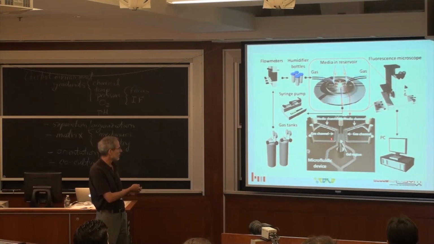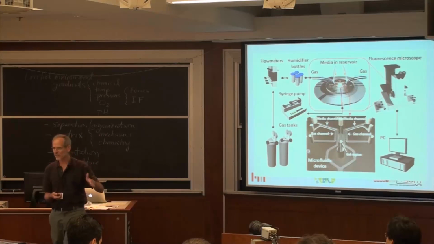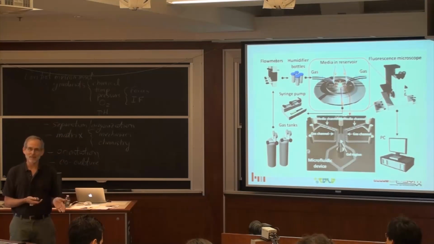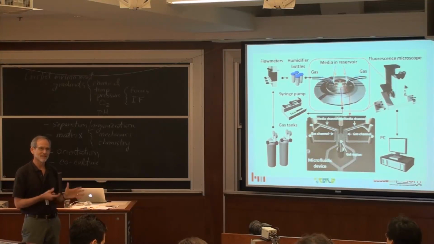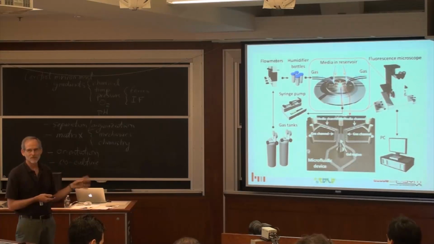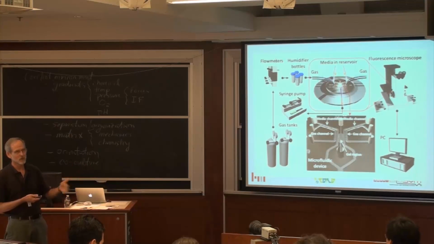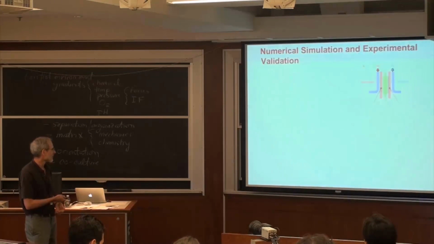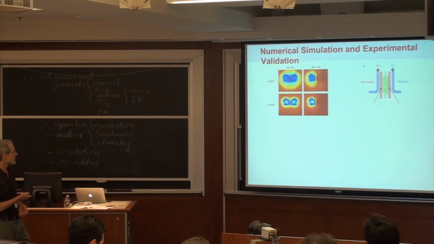Or we might flow oxygen-containing gas on one side, oxygen-free gas on the other side, and the cells that would reside in the middle would actually see a gradient in hypoxia. And that's something that you couldn't produce in a hypoxic incubator. And in fact, this would be a much more stable situation because we could keep the flow going as we're imaging the cells. So this is the system in schematics.